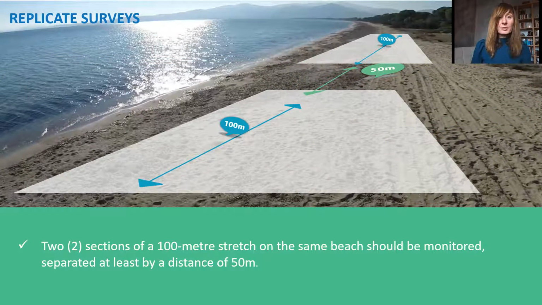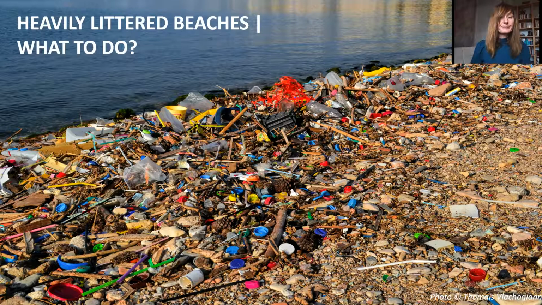In addition, in order to obtain a more representative sample when surveying marine litter, it is advised to survey 2 transects, and these 2 transects should be separated by a distance of at least 50 meters.